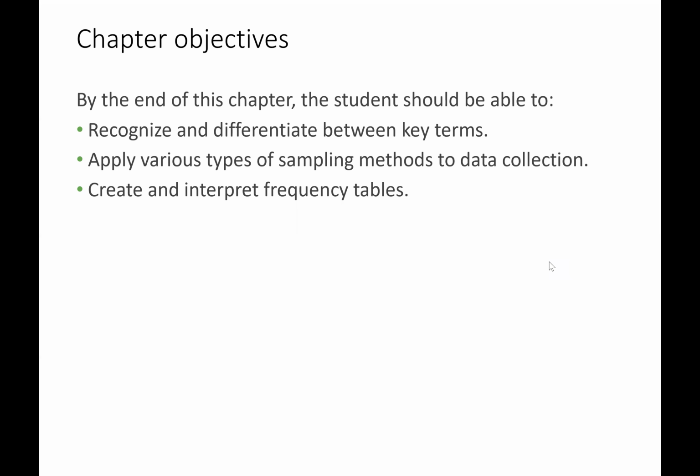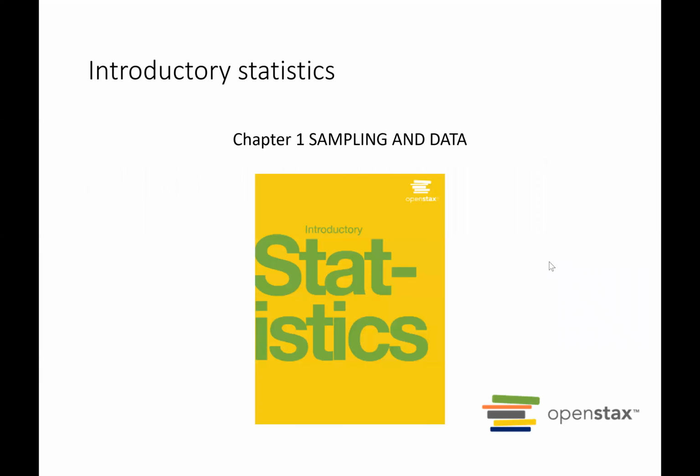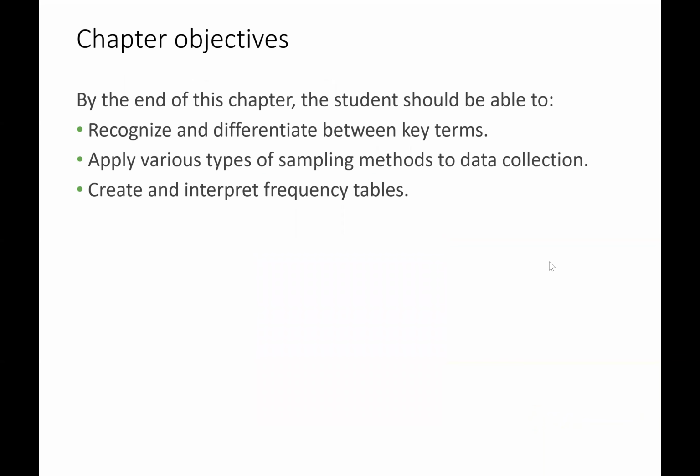So there are various ways that you can collect your data. We'll talk about that. And then we'll create and interpret frequency tables. So we'll take a set of data and we will start organizing it, firstly in the form of a table.